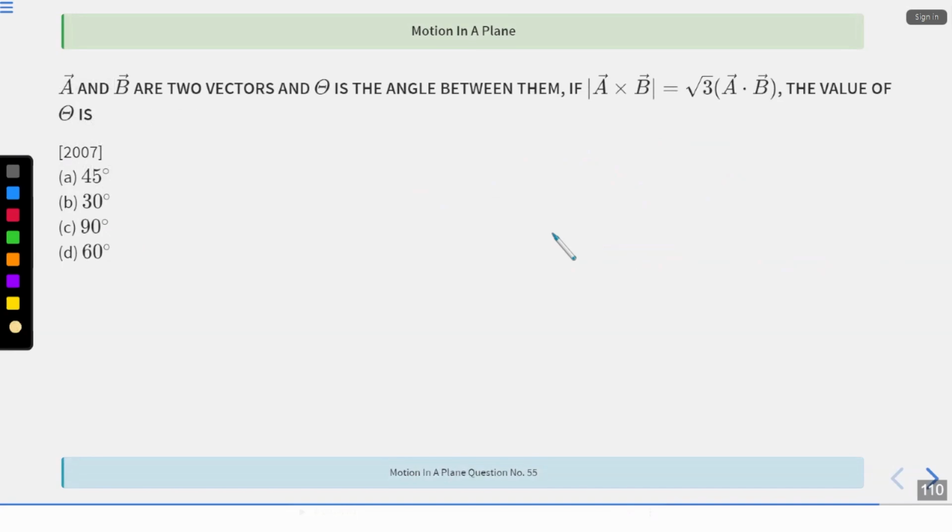Again, the next question. A and B are two vectors and theta is the angle between them. If A cross B is equal to root 3 of A dot B, what will be the value of theta? So here the concept being used is dot product and cross product. So clearly it is a vector question. So we'll write this A cross B is nothing but AB sine theta.